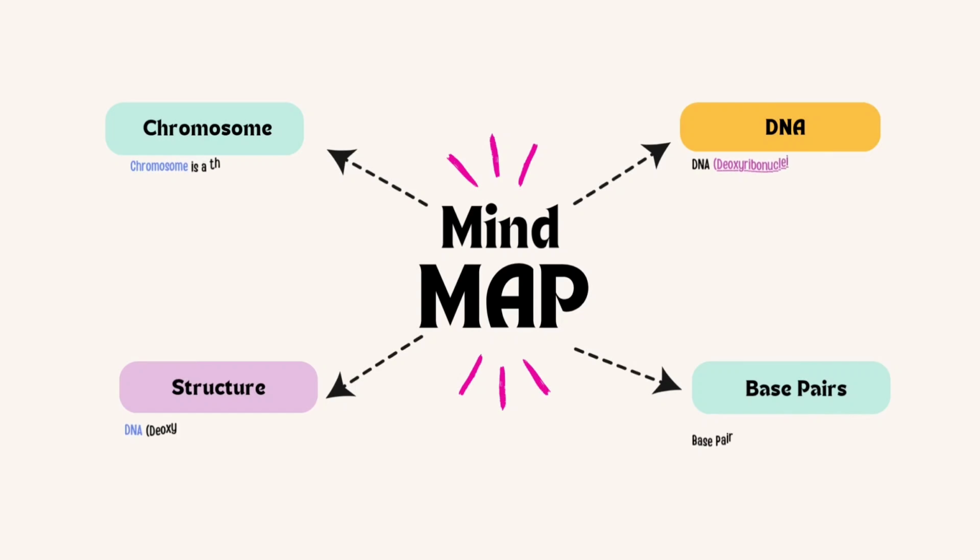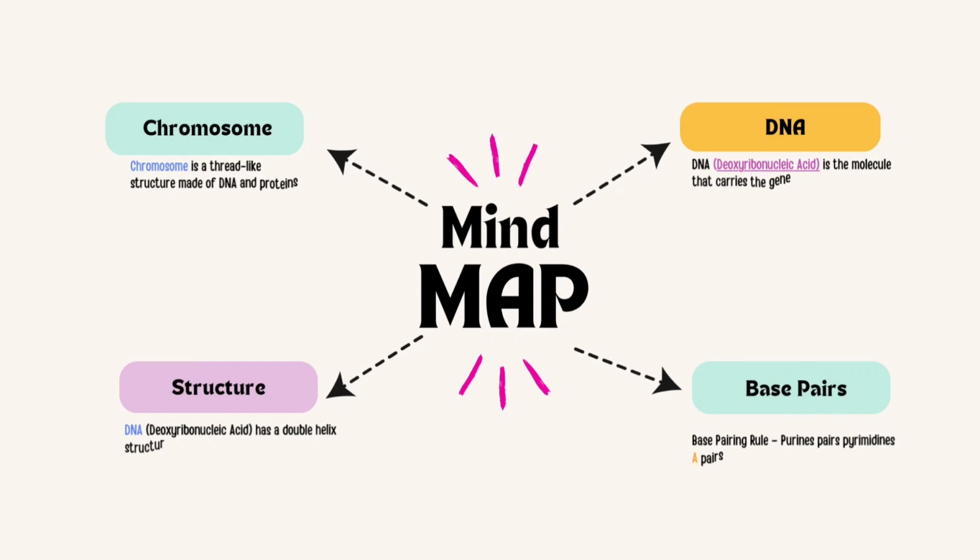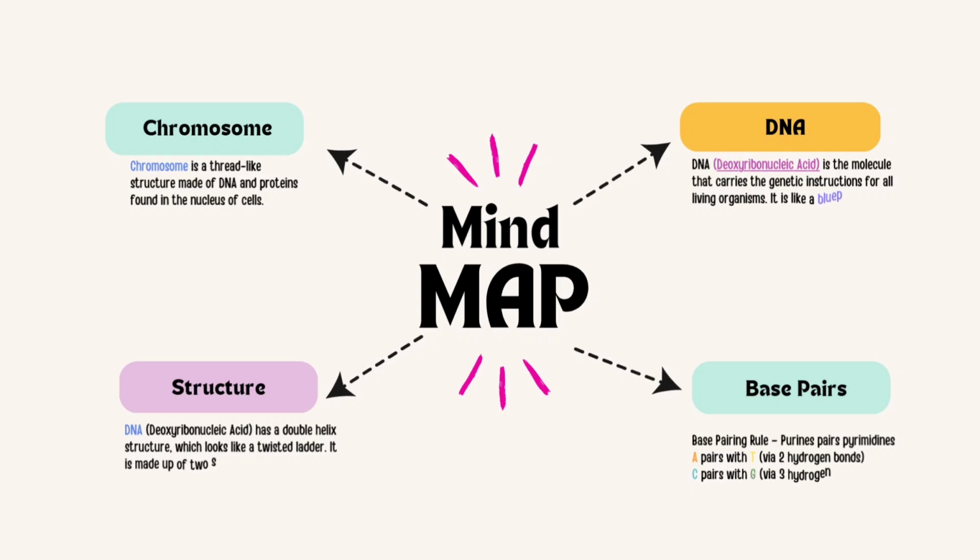Here is the mind map. What is chromosomes? These are thread-like structure made up of DNA and proteins and found in the nucleus of the cells. What is DNA? DNA is deoxyribonucleic acid, and it is the molecule that carries all the genetic instruction for the living organisms. Its structure was proposed by Watson and Crick.